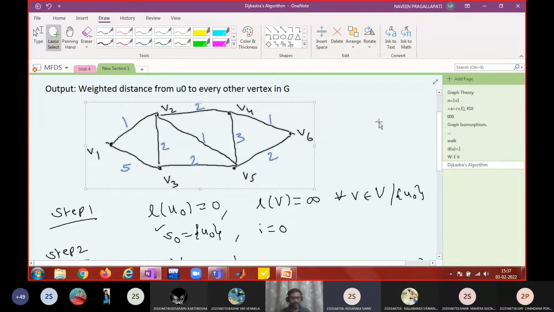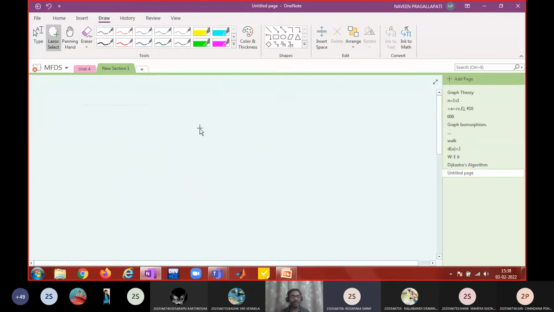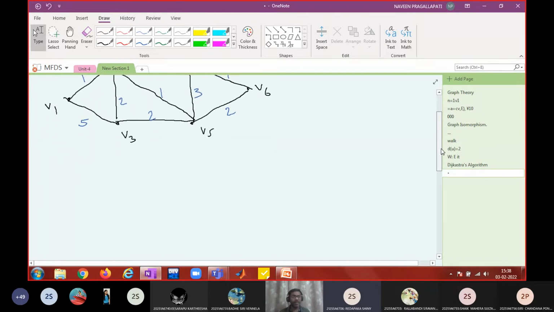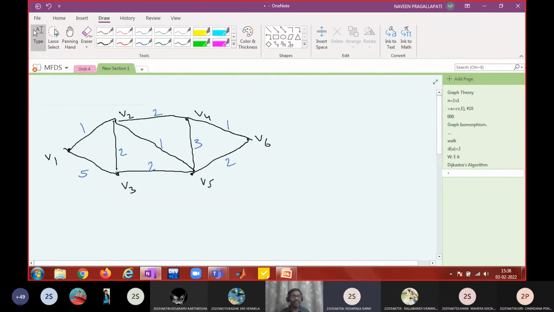Control V. So I'm going to prepare a table. Now I want to start with V1. Now I want to find the shortest distance from V1 to every other vertex. So what is my initialization? What do you mean by U0 initially?